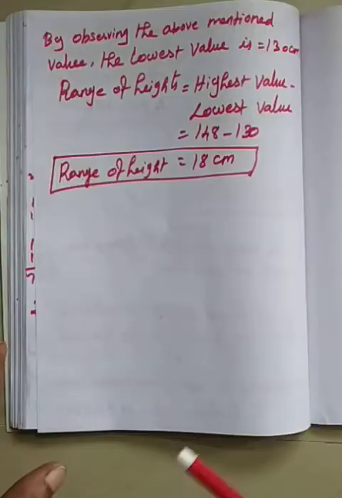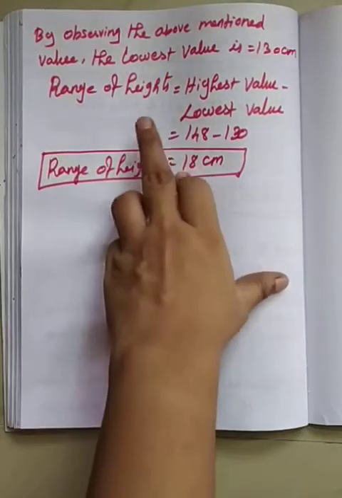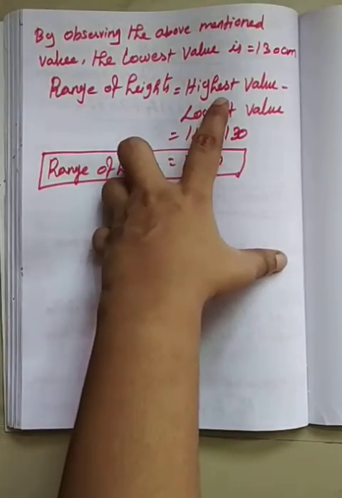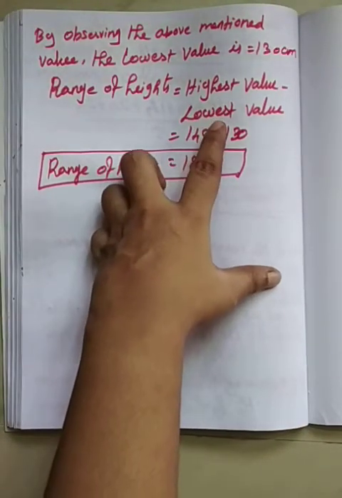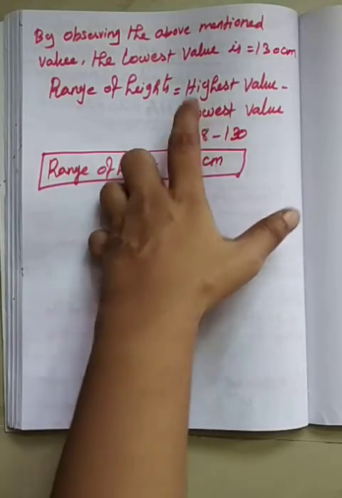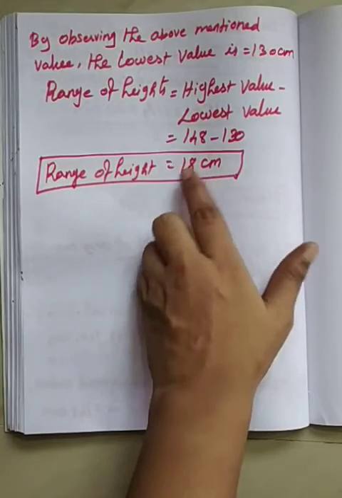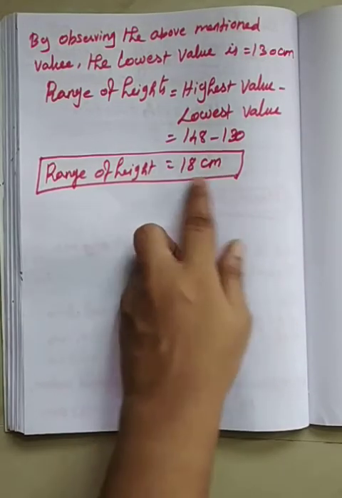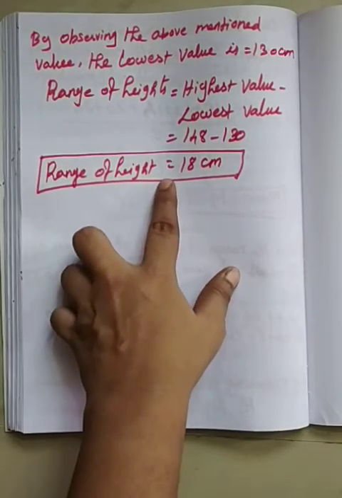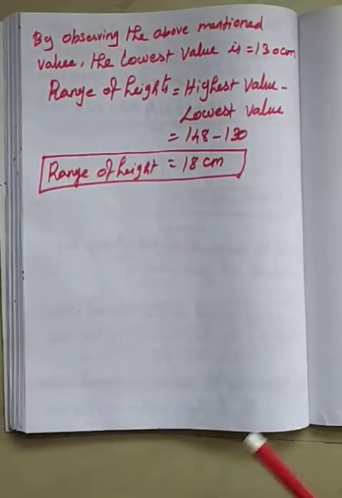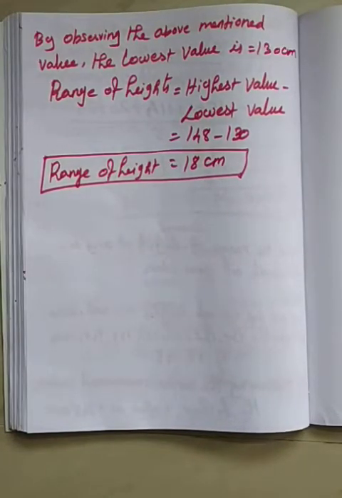Now you have to find the range, that means range of height. So write the formula. What is that? Highest value minus lowest value. See, highest value 148, lowest value 130. Now you have to subtract, you will get 18 centimeter. So the range of height is nothing but 18 centimeter. This is your answer.